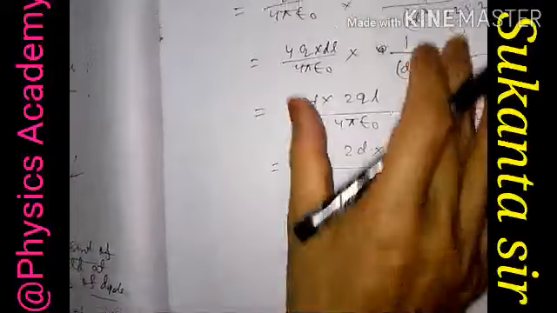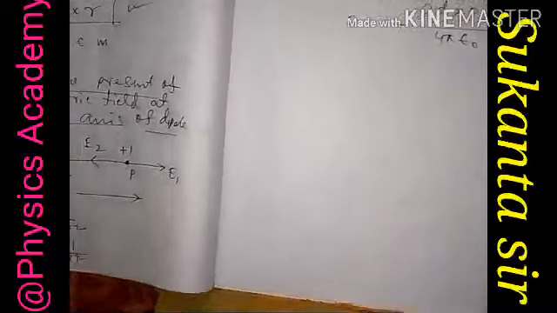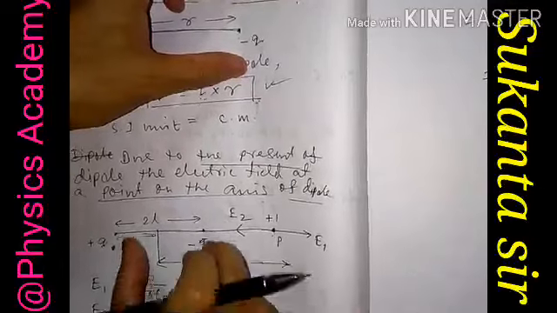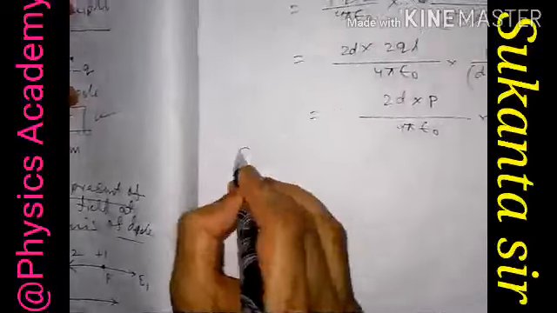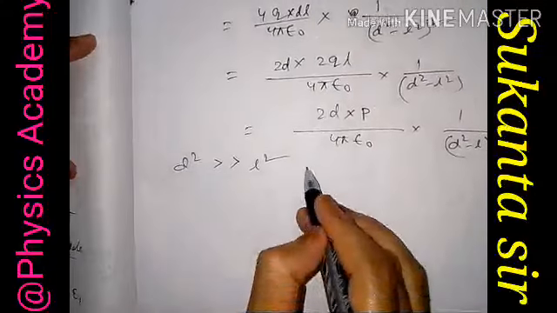Now we can take one consideration here. If the point P is at infinity, then this distance d will be very large with respect to L, so d square is very much greater than L square.